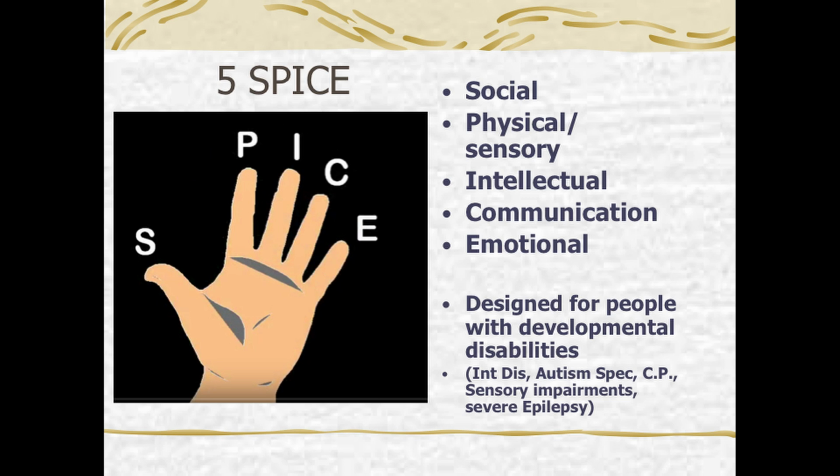SPICE places a slightly greater emphasis on the emotional area of development. As at the time that this tool was developed, emotional development wasn't really a domain that was considered much when we looked developmentally at clients.